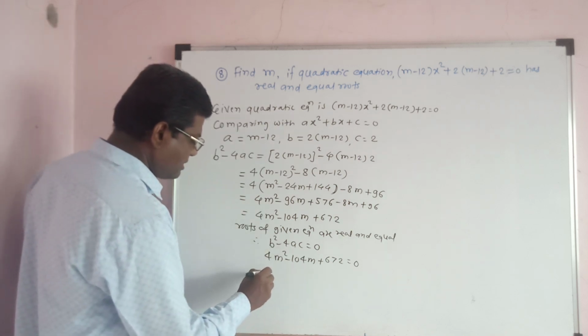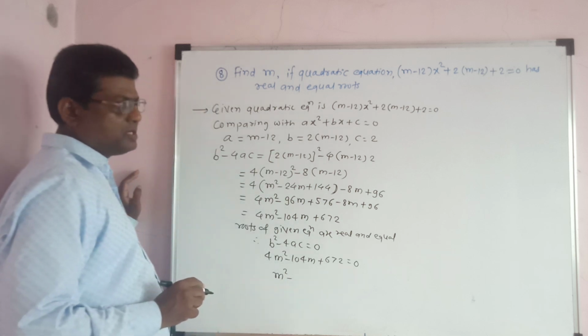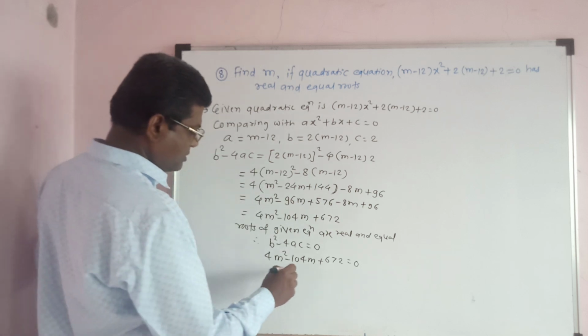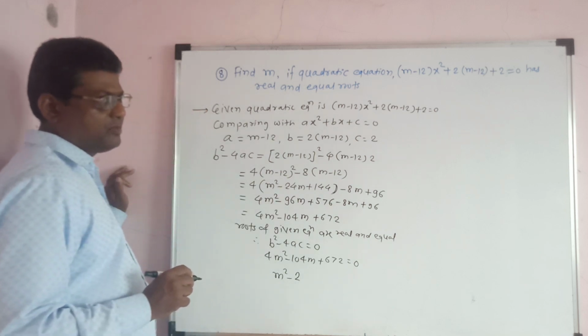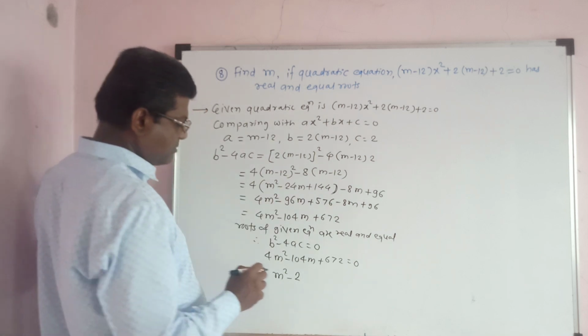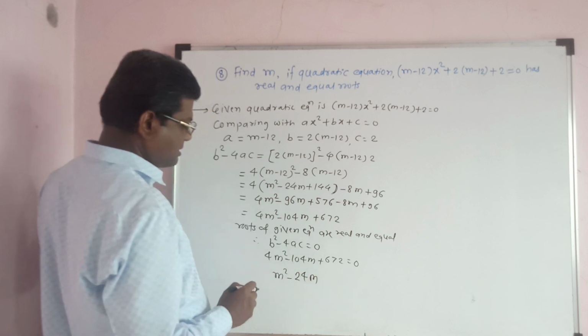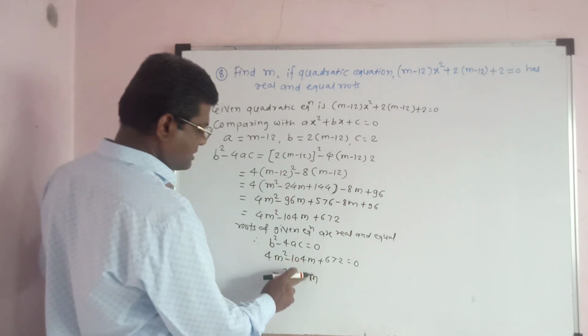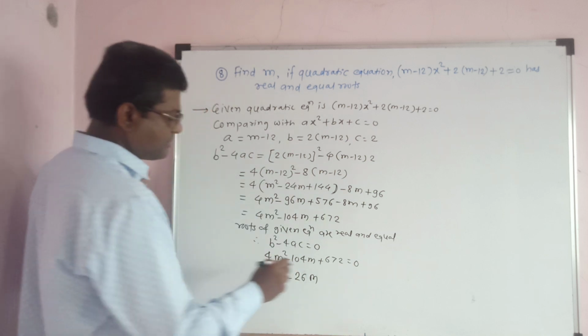4m² upon 4 is m², minus 104 upon 4, which is 26, so minus 26m.